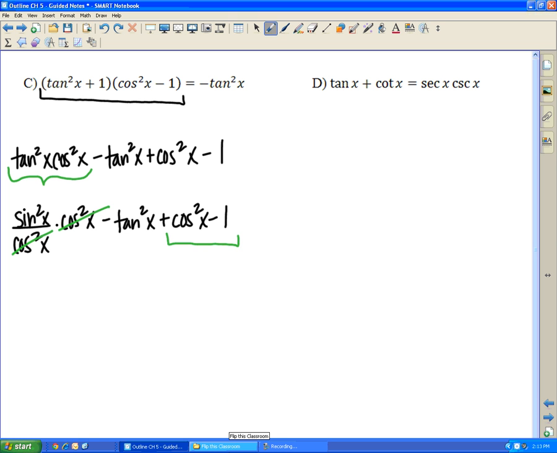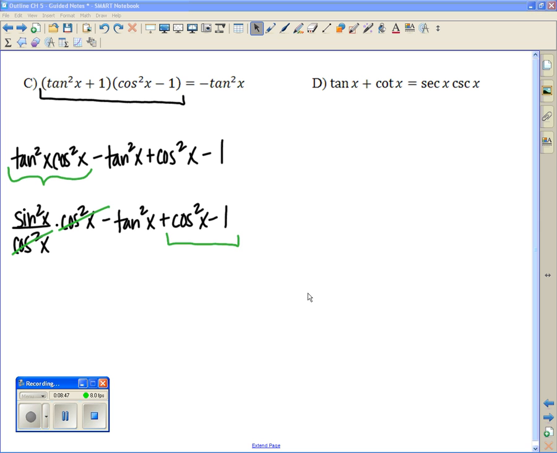Notice my thought process. My thought process here is that I need to explore all my options, and so often in math we just want to write down and keep writing, but it's really good to analyze and look at the problem in front of you. I think there might be a better option than changing that to sine squared.